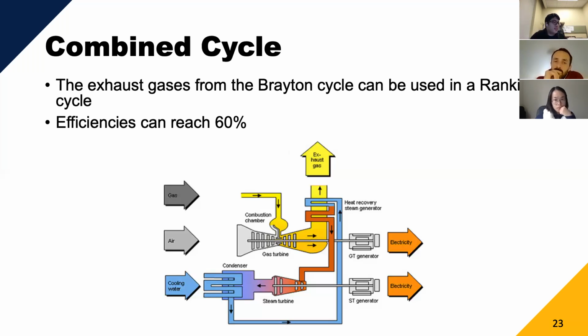One of the things that I'll note as an aside is that the gas turbine can operate and ramp up to produce electricity very quickly, right?